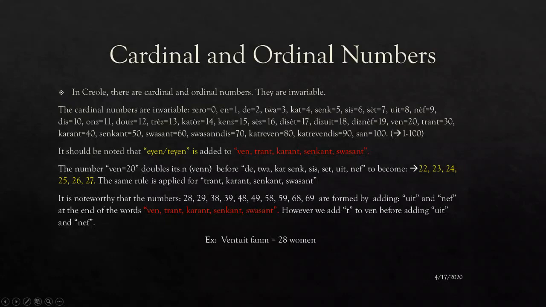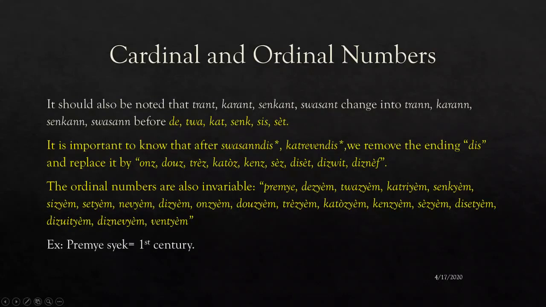It should also be noted that 30, 40, 50, 60 change before D: 3, 4, 5, 6, 7. You're going to say 40, 40, D, 43, 44, 45, 46, 47.